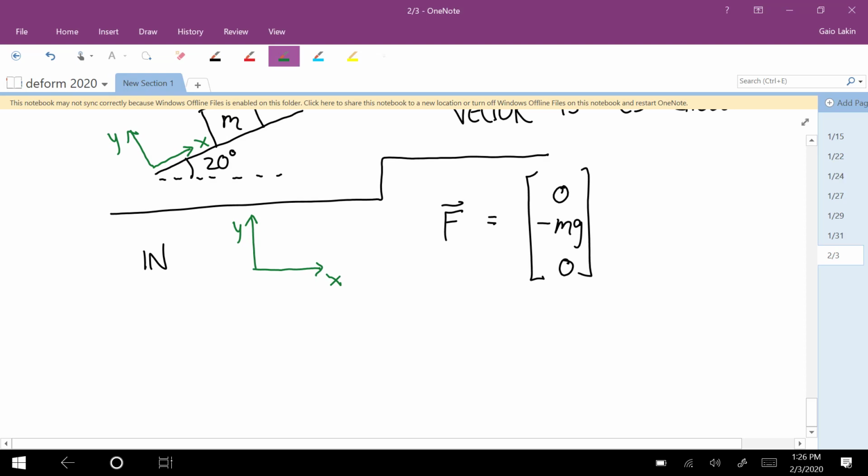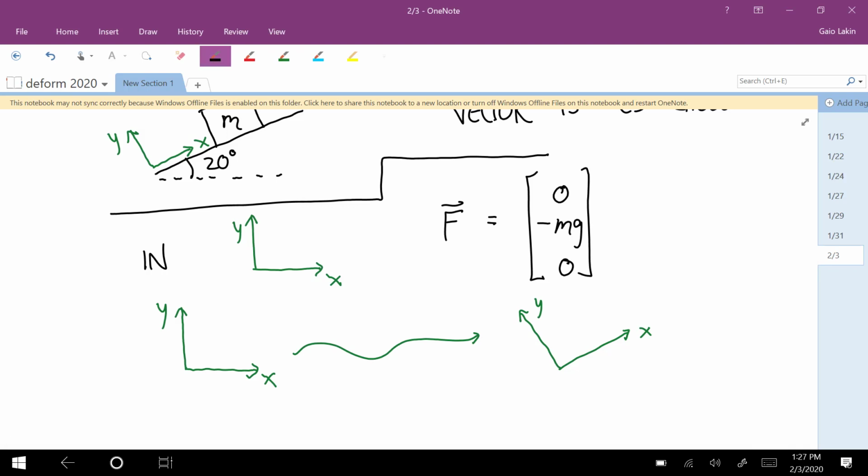And then to start with this, we already know this, okay? So we want a rotation matrix that takes this coordinate system to this one. So to go from here to here, you need a theta of positive 20 degrees about the z-axis.